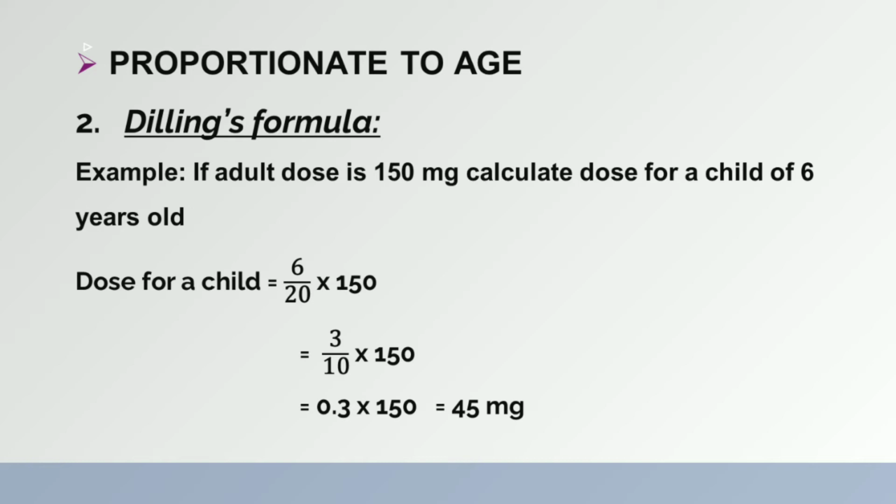Again, 6 upon 20 can also be written as 3 upon 10 into 150, that is 0.3 into 150, which is equal to 45 mg. So with this example, it is very clear that your answer varies according to the formula that you have applied. For the same question, the answer was 50 mg according to Young's formula, and the answer according to Dilling's formula is 45 mg.